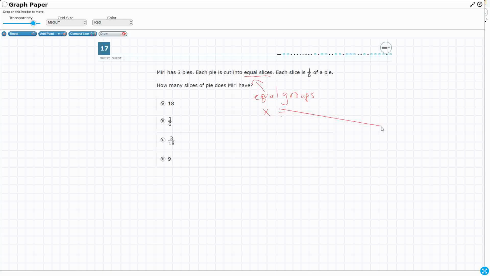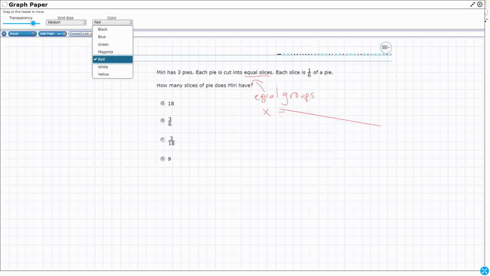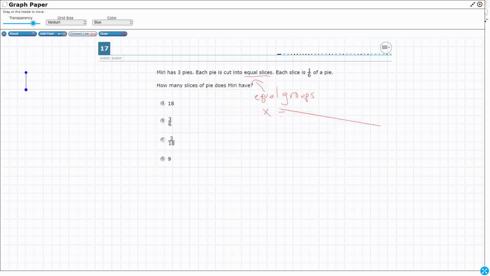Let's draw some pies. I'm going to use the connect line feature here. Let's make some pies, and I'm going to do it like this. So this is going to be one pie. I'm doing it like this strategically, you'll see in just a moment. Two pies. I'm using the grid feature here. All right, so look, I've got three pies.